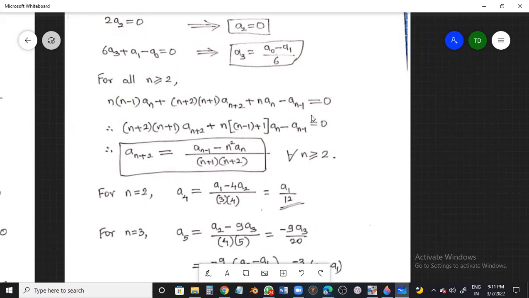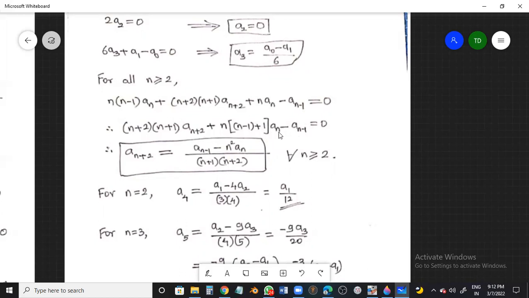Remaining terms are occurring only once, so this term as it is. Then combining a_n together, n is common in both, so n is taken common. Inside we are getting n minus 1 plus 1 a_n and minus a_{n-1} as it is. So what will happen here? Minus 1 plus 1 get cancelled and this is n square a_n.